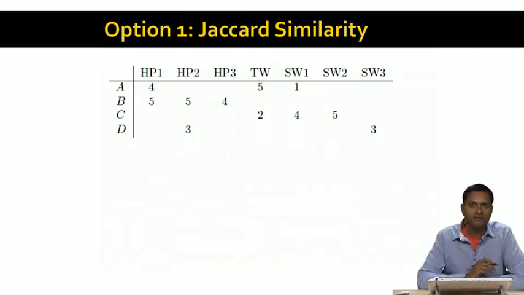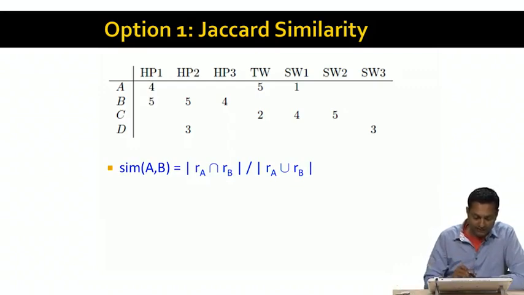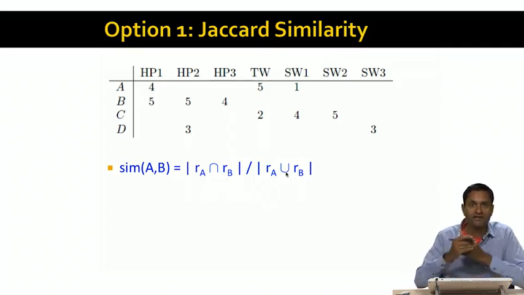So the first option that we try is Jaccard similarity, which we are familiar with from previous lectures. Just as a reminder, the Jaccard similarity of A-B is just RA intersection RB divided by RA union RB. We just take the intersection of the rating vectors and divide it by their union. And notice that the Jaccard similarity is nothing but 1 minus the Jaccard distance of RA and RB.